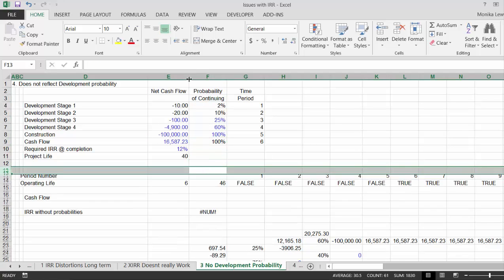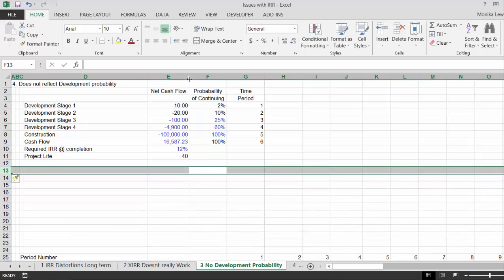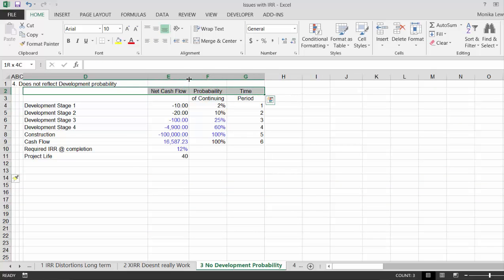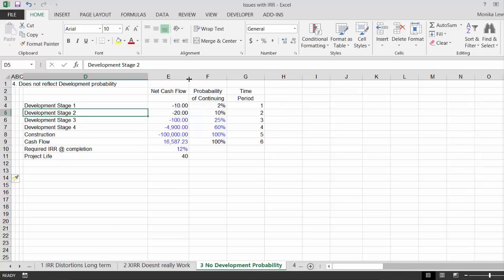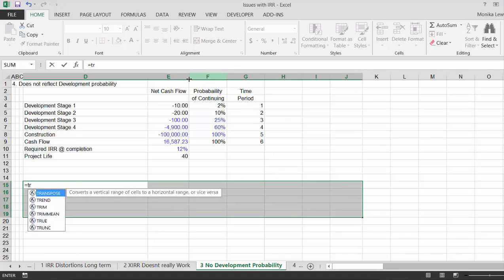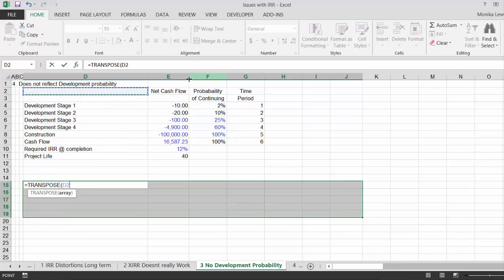Excuse me for at least 1, 2, 3, 4. 1, 2, 3, 4, 5, 6, 7. Transpose. Shift Control Enter.